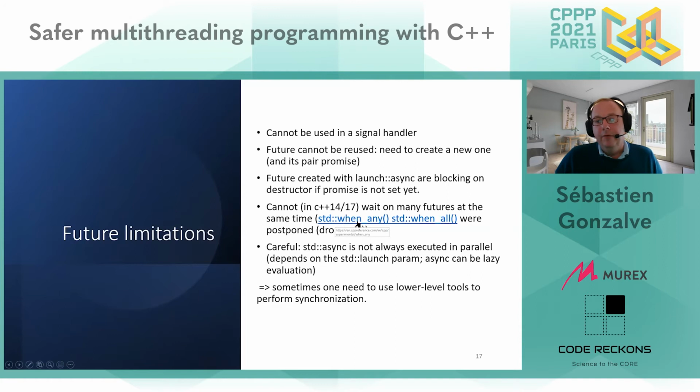So for now, you don't have such a mechanism. You may use Boost, which has some identical things available. The drawback is that you won't be able to use std::future. You would have to use a Boost future. So if it's not a problem in your code, you may do that. But if it is, then it's a problem.